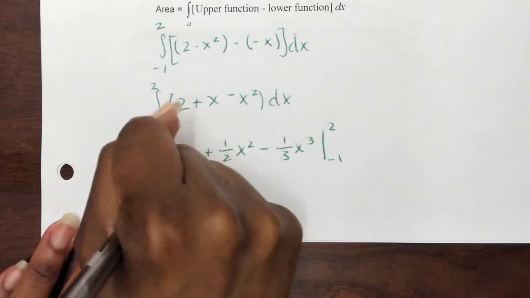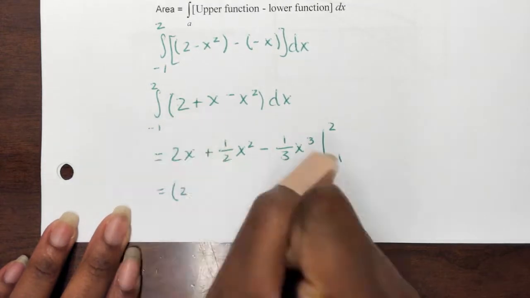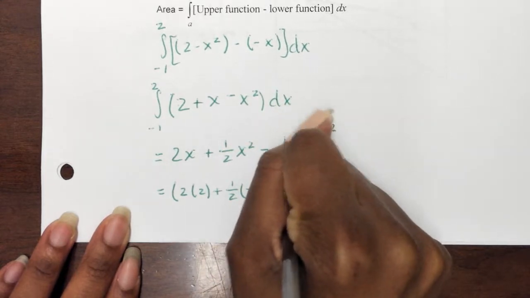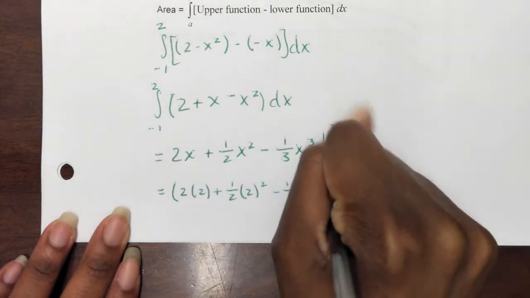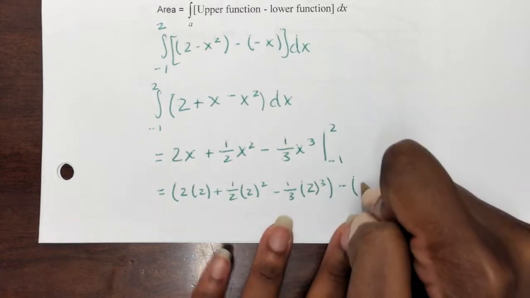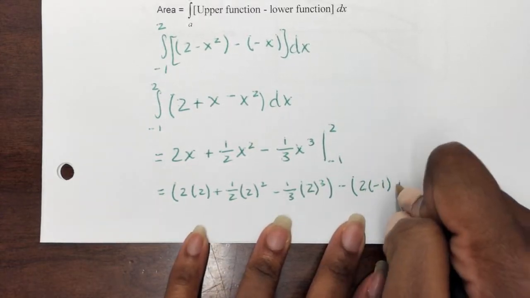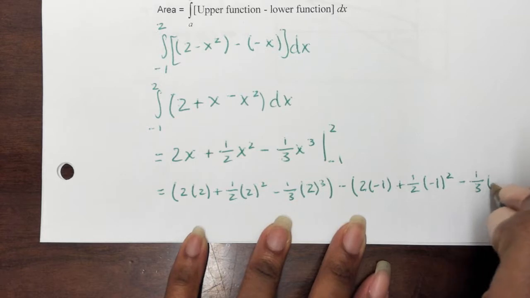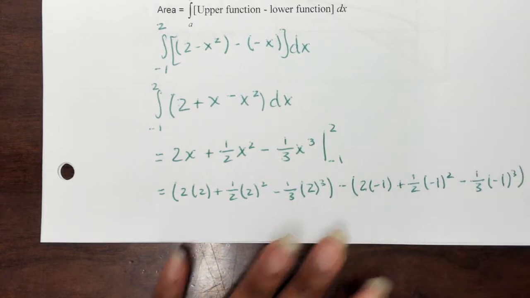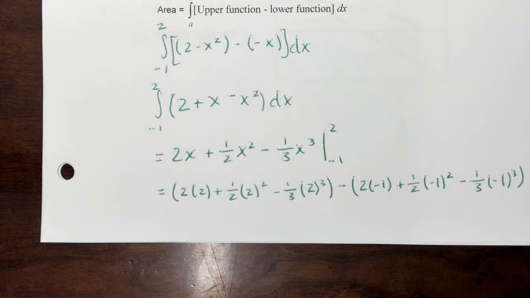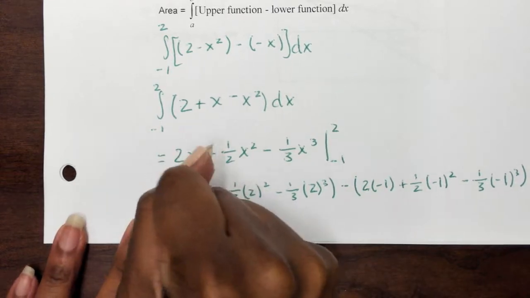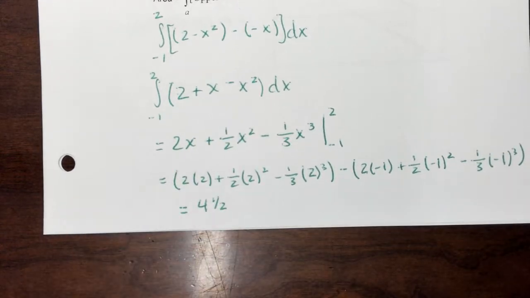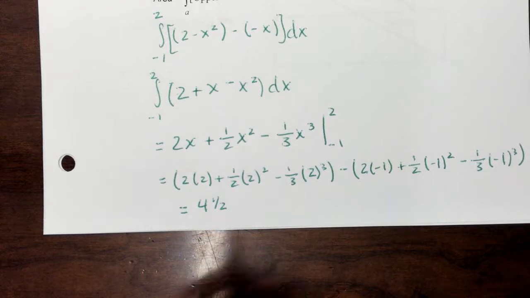So when I plug in some numbers, I get 2 times 2 plus 1/2 times 2 squared minus 1/3 times 2 cubed, minus 2 times -1 plus 1/2 times -1 squared minus 1/3 times -1 cubed. And when I do all of that out, we get 4.5. And that's our final answer.